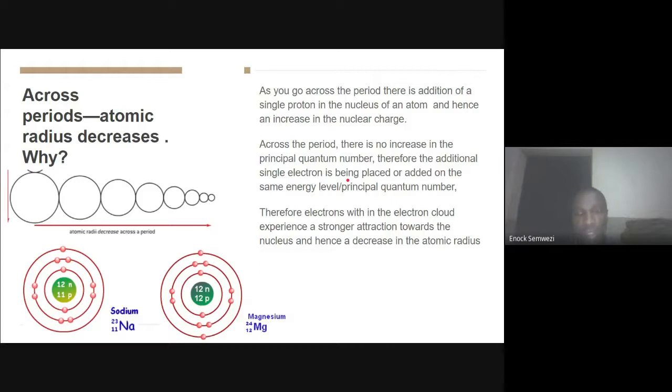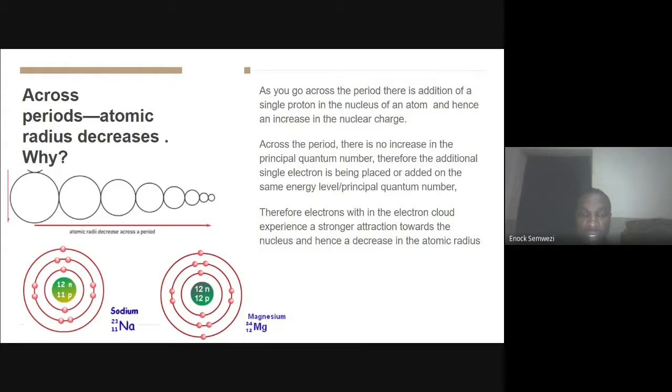Just check: in sodium, the third; magnesium is being added on the third, though there are two electrons now. So what does this mean? Electrons within the electron cloud will experience a stronger attraction towards the nucleus and hence a decrease in the atomic radius.